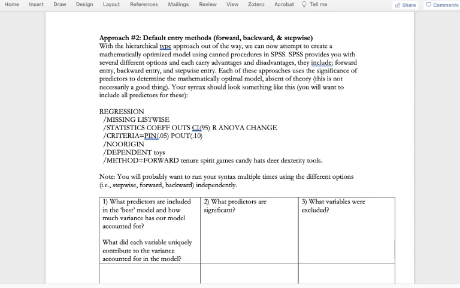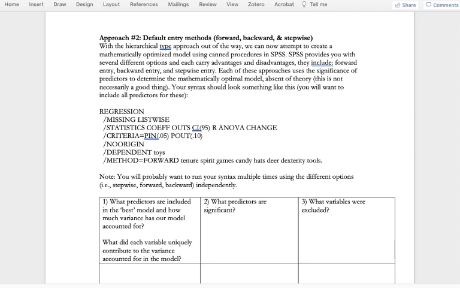Backwards will start with everything in the model and then remove things that aren't significant until there's a model where only things that are significant are in it. And stepwise uses a combination of the two. You can just modify the syntax here.